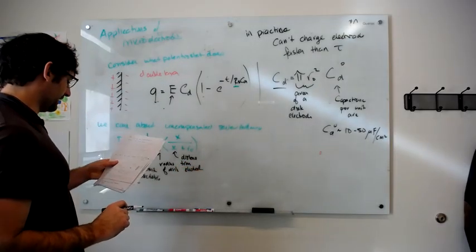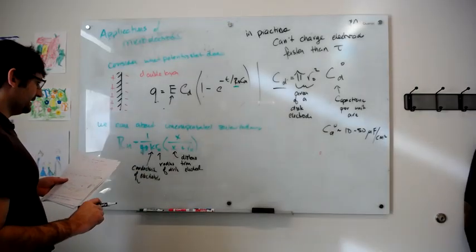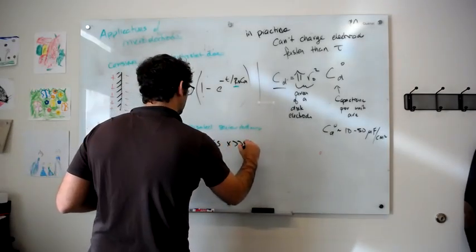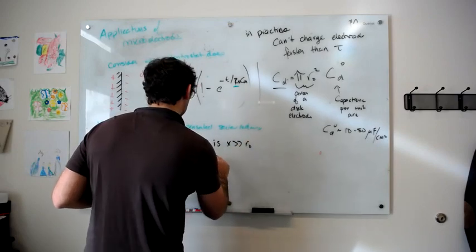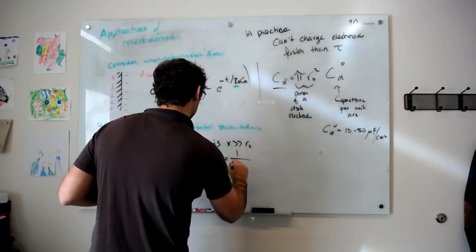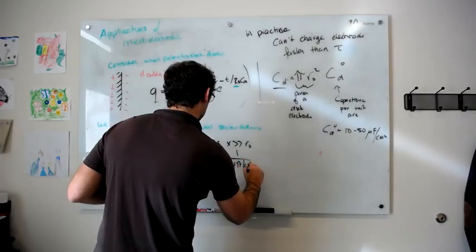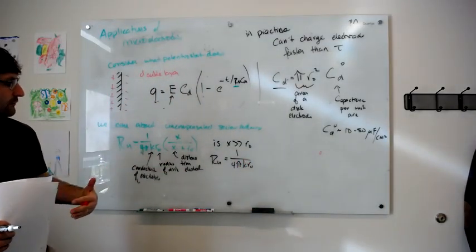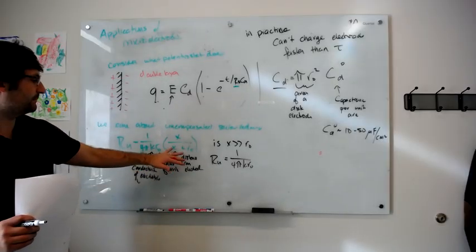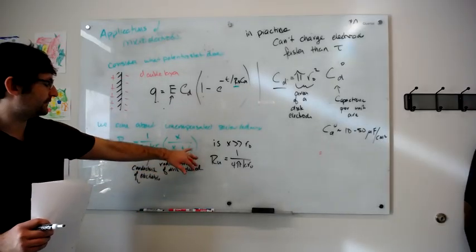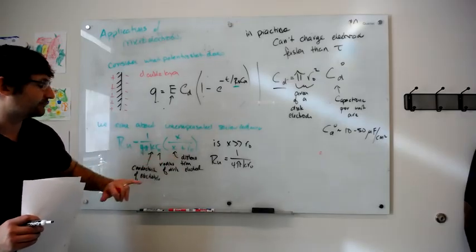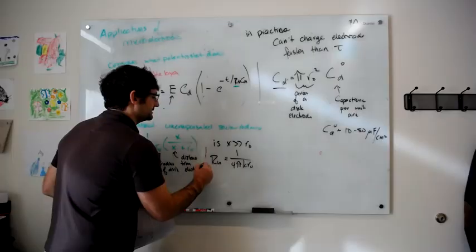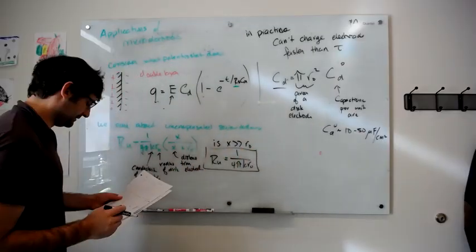I can use this expression: if x is much, much greater than R naught, we get Ru equals 1 over 4 pi kappa R naught. So if my counter electrode, or my reference electrode in this case, is much further away than the radius of the electrode, which is usually the case, more than a few radii away, I get this as the uncompensated series resistance.